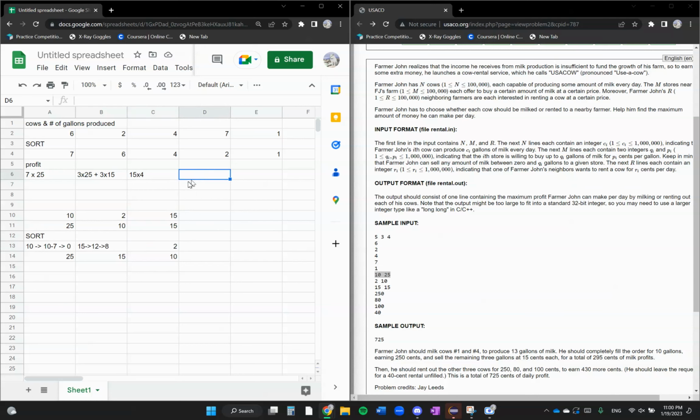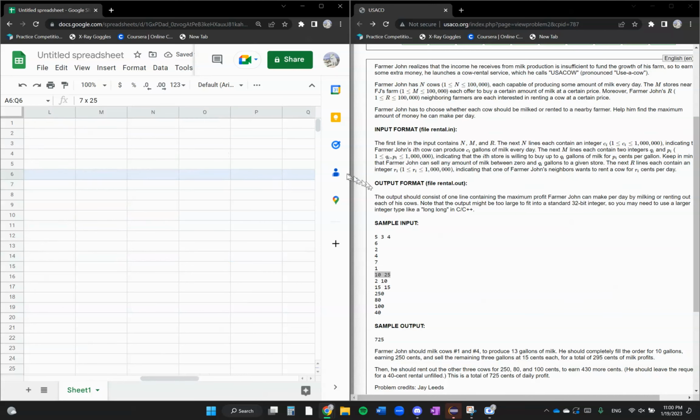And then for this one, there's still some left. We can still sell some gallons to the store, so it turns into a 6 since we're selling 6 more gallons to the store, so 2 times 15. And then finally, we have 1 times 15 because we can sell the final gallon of milk to the store, so it turns into a 5.